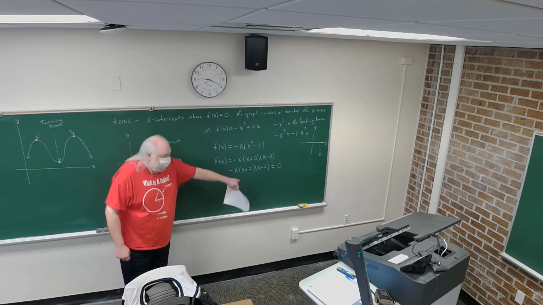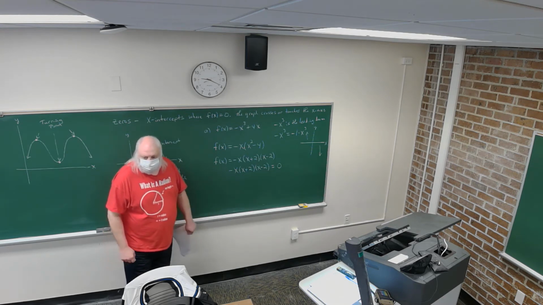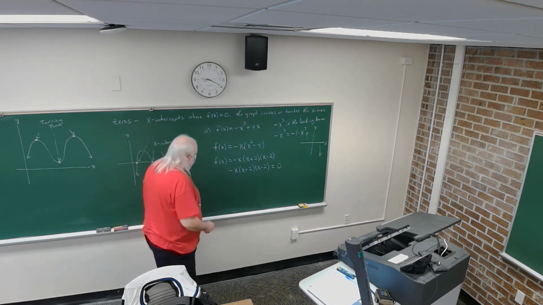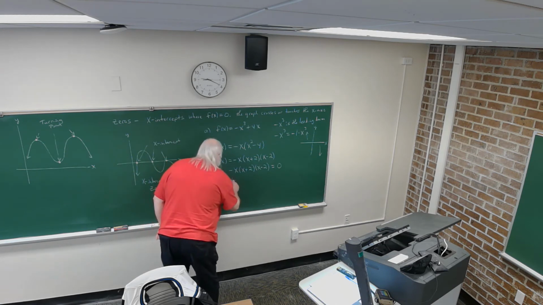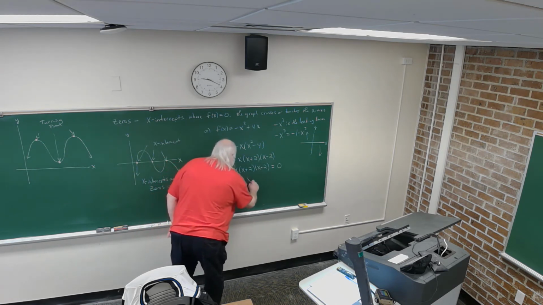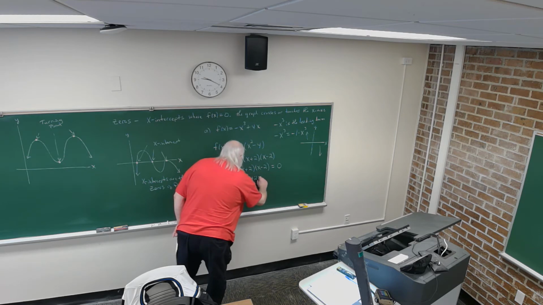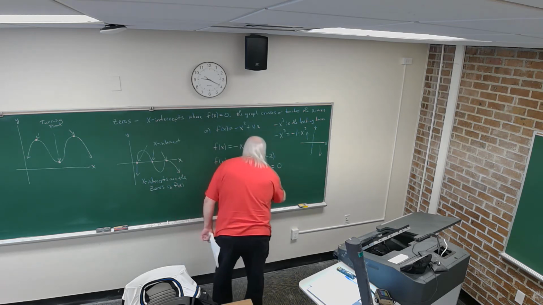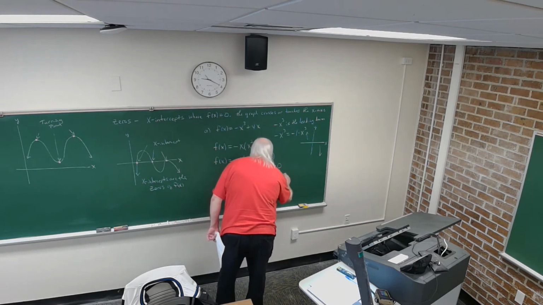And so now we set each of those factors equal to 0 and solve for x. So we have minus x is equal to 0. X plus 2 is equal to 0. X minus 2 is equal to 0.